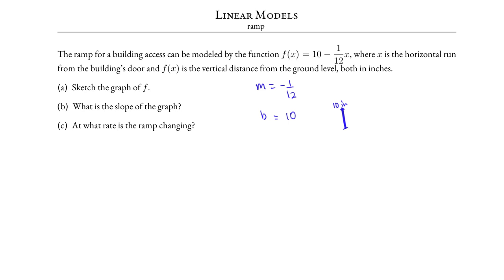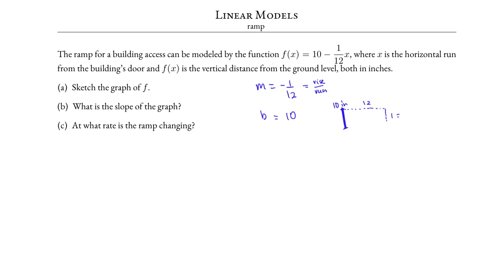The slope is negative 1 over 12, which is rise over run. But in this case, it is more like fall over run. What that means is that for every 12 units of run, horizontal distance, the vertical distance needs to go down by 1.